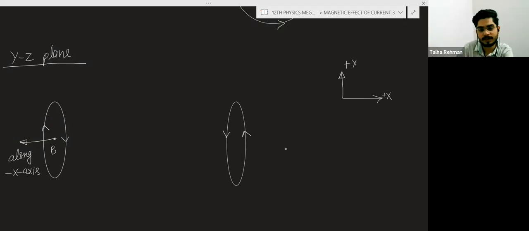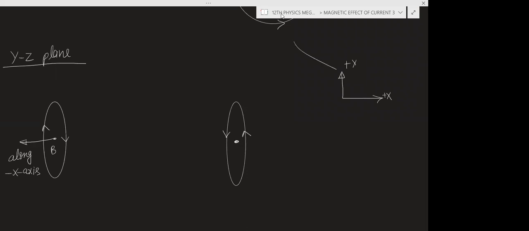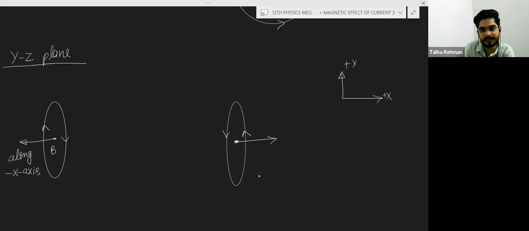You have to find the direction of magnetic field at this point. So just curl your finger. You will get the direction of magnetic field along the positive x-axis.